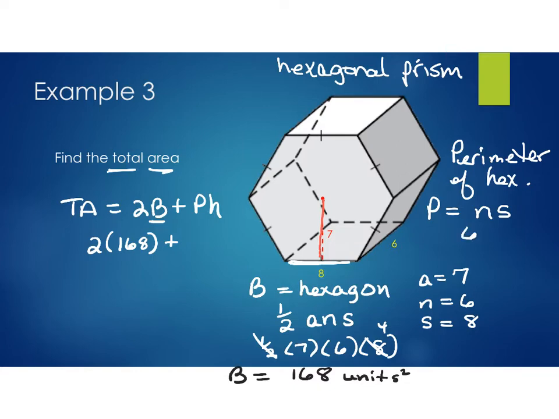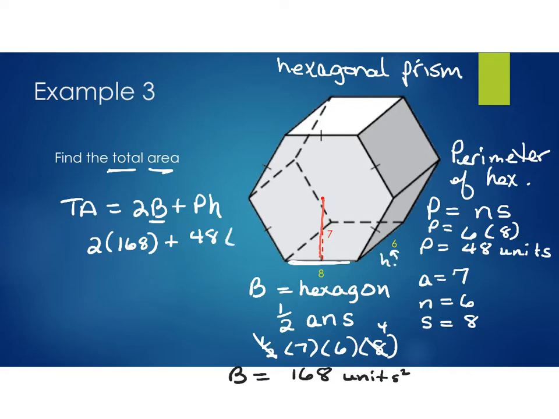I know that there are 6 sides, and I know each side length is 8. So the perimeter of my figure is 48 units. So now I'm going to go ahead and put 48 over here. The height of my prism is this 6.